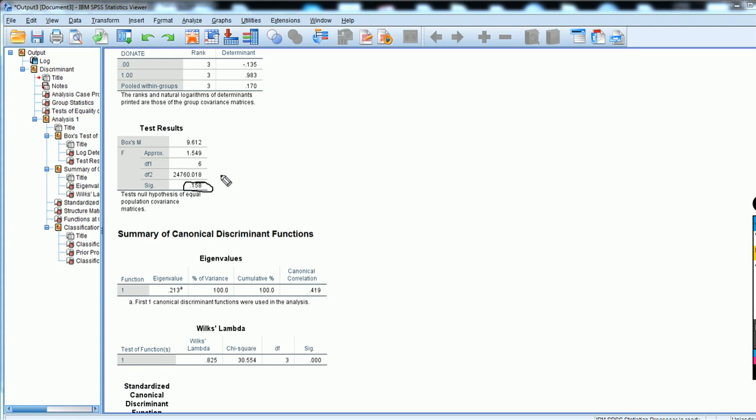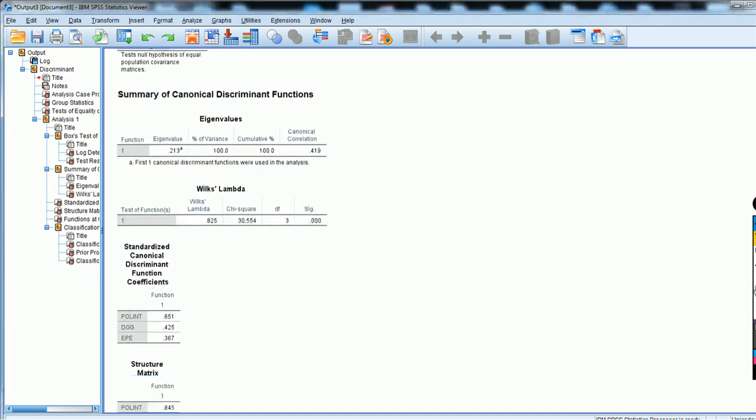With the conventional alpha level of 0.05, you can see right here that the p-value is greater than 0.05. So we would maintain the null hypothesis that there is equality of variance covariance matrices, and thus we would assume that our assumption is met. It's using the same general logic that we see with Levene's test, only it's applied to the variance covariance matrices.